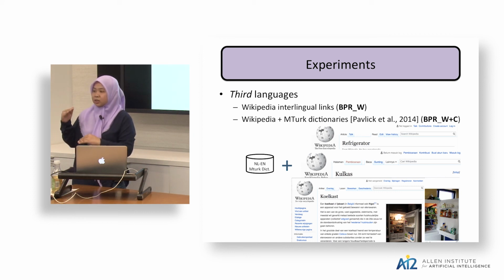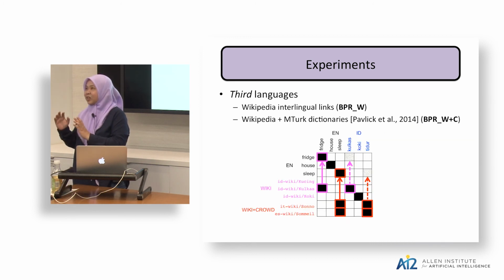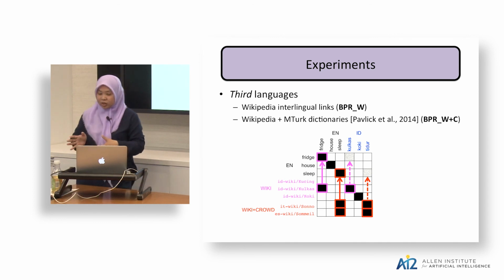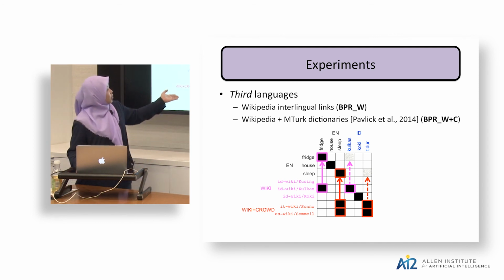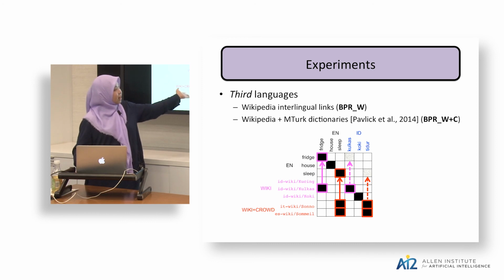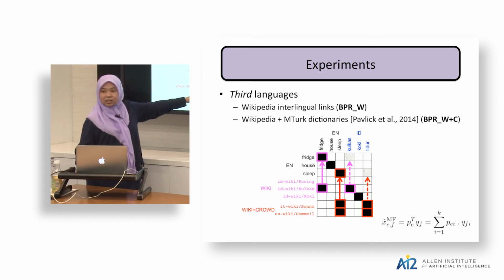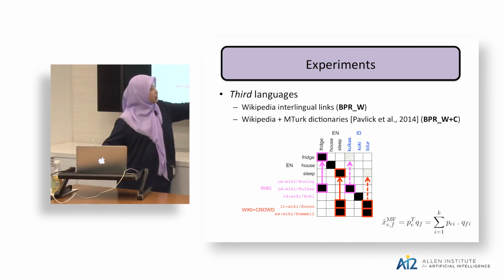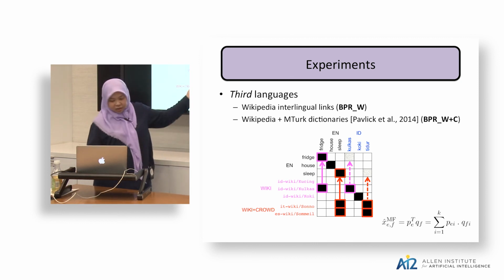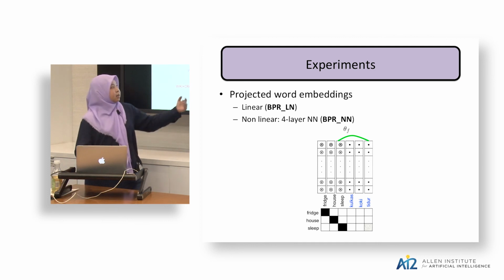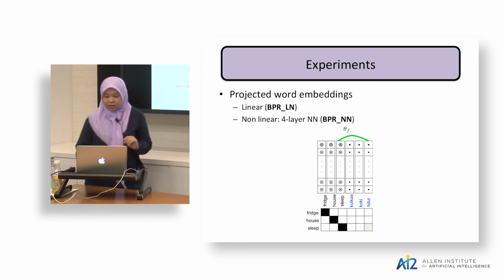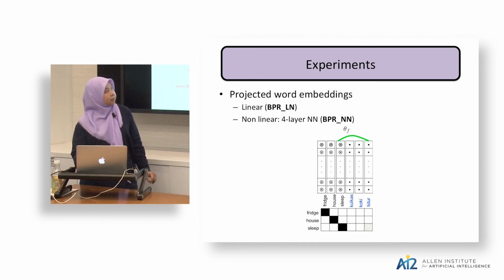And these 10,000 words come from the most frequent words in the 1,000 most visited Wikipedia pages for that language. So we can think of Wikipedia and Wikipedia plus the translations as the observations in our matrix, and we can use them to infer the missing translations in the matrix using matrix factorization.